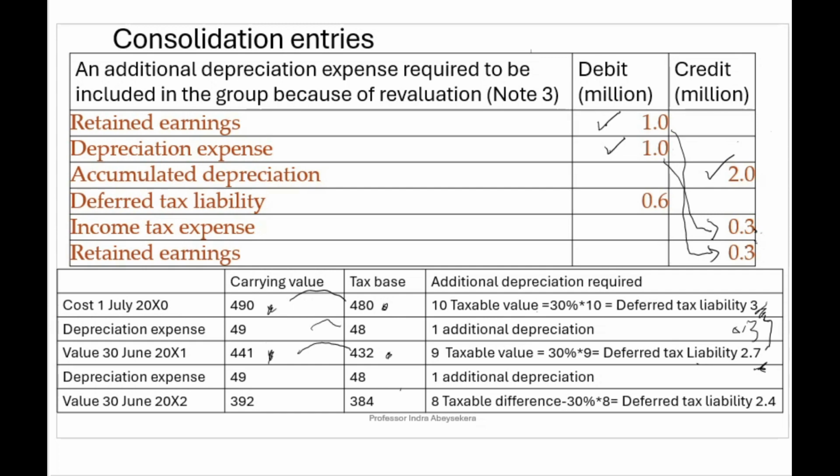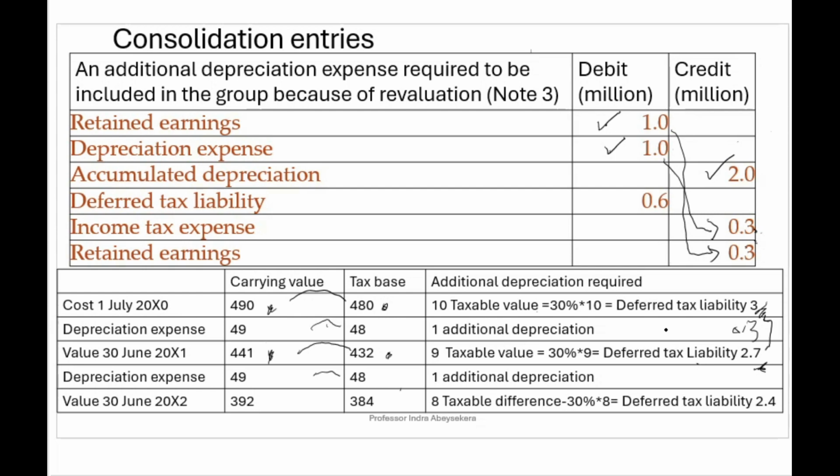From X1 to X2 year, again we depreciate the asset at 49 and 48 based on the initial carrying value and the tax base, and there is depreciation expense of 1, and that's what we have included as depreciation expense, and the previous depreciation expense is what we have included under retained earnings.